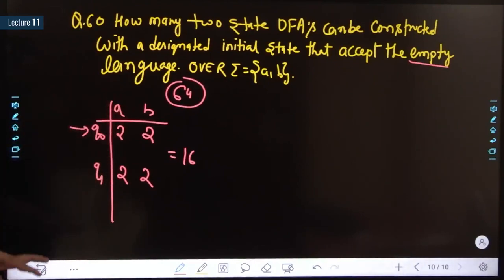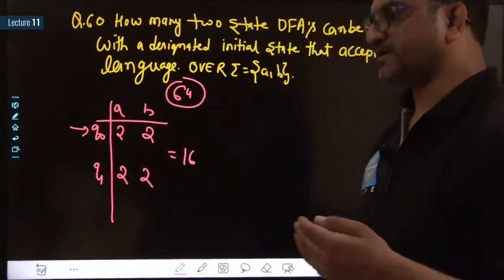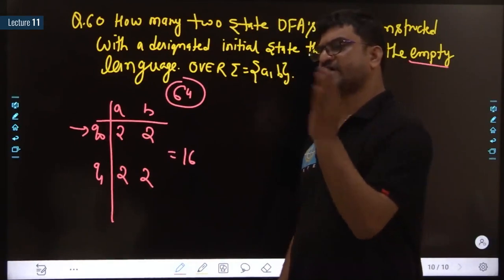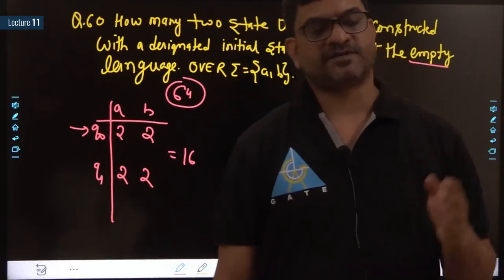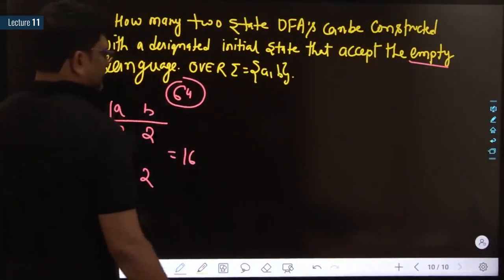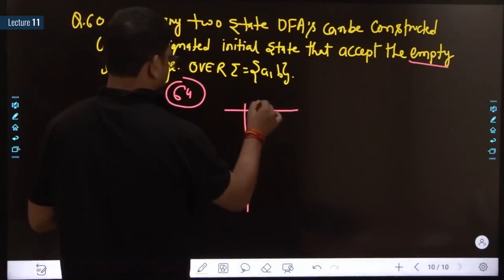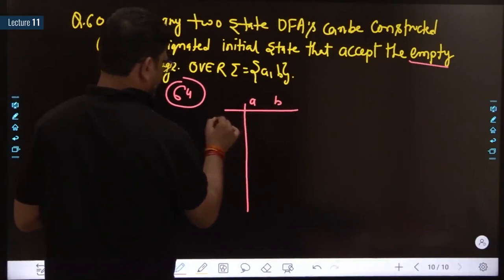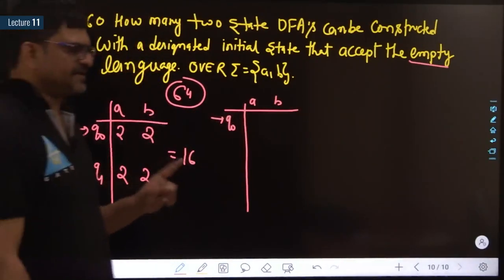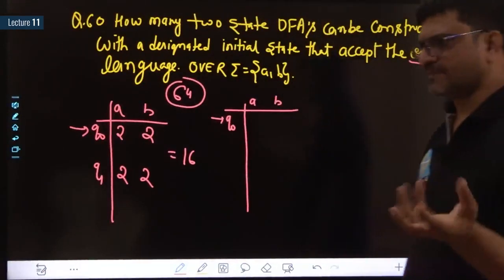Those do not accept an empty language. Other than these 16 DFAs, many more DFAs are possible that do not accept any string. See, A and B. If Q0, the initial state, is final, that means the DFA accepts something.